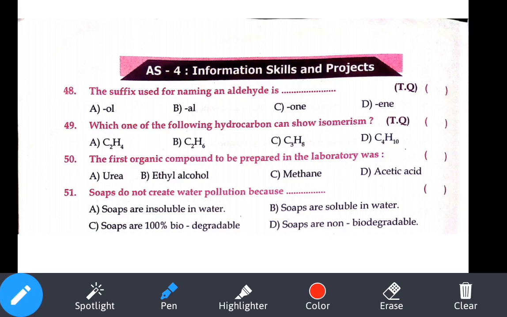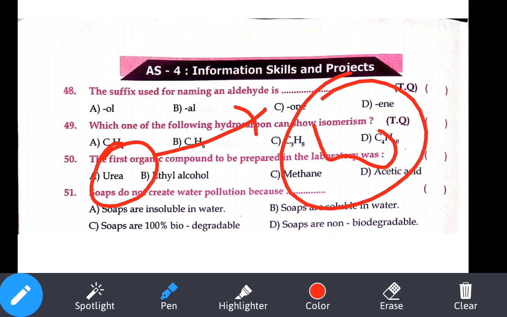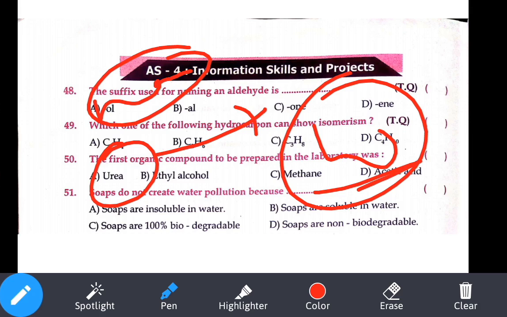First organic compound to be prepared in the laboratory is urea. Who prepared this one? Wohler. Who said that we cannot prepare any organic compound in the laboratory? Comment his name in the comments. He said that organic compounds cannot be prepared in the laboratory, but Wohler has proved it. Whatever he said was wrong.